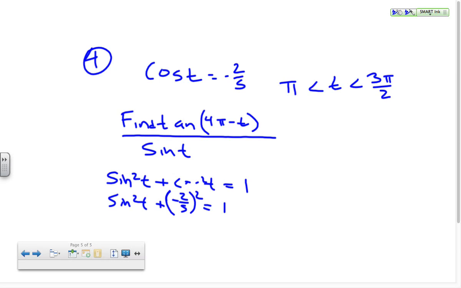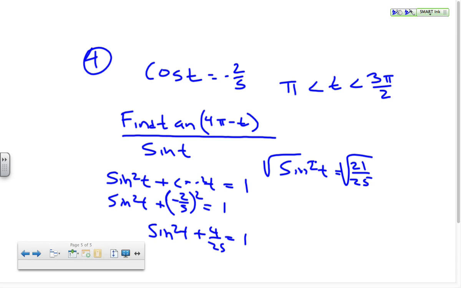So I end up with sine squared t plus 4 over 25 equals 1. Okay, if I subtract 4 over 25 from both sides, I get sine squared t equals 21 over 25. I take the square root of both sides, and I end up with the sine of t equals the square root of 21 over 5.